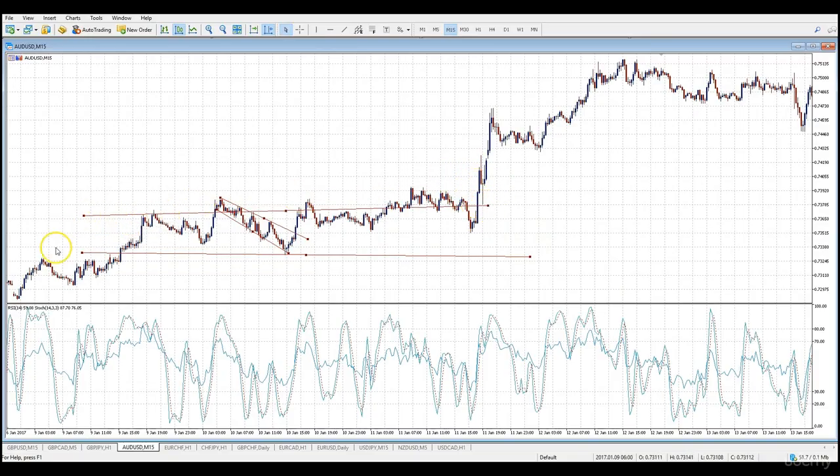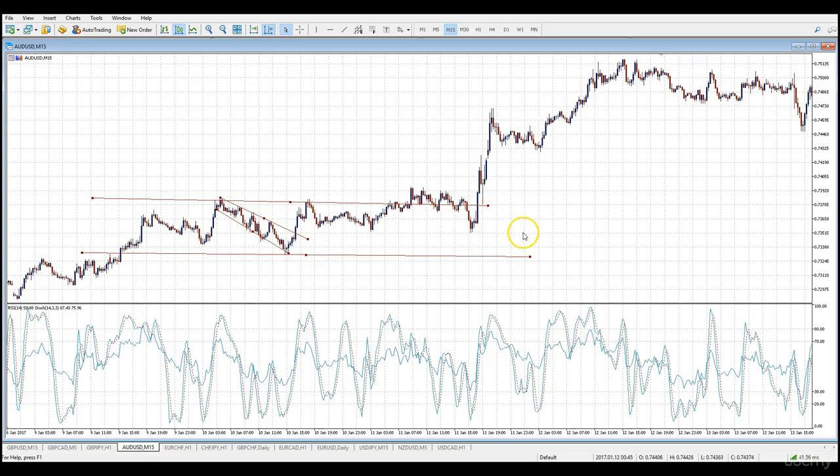So there was a slight tilt to the upside in this rising trend, but from this area over to the right, you could also consider that as sort of a sideways trend.